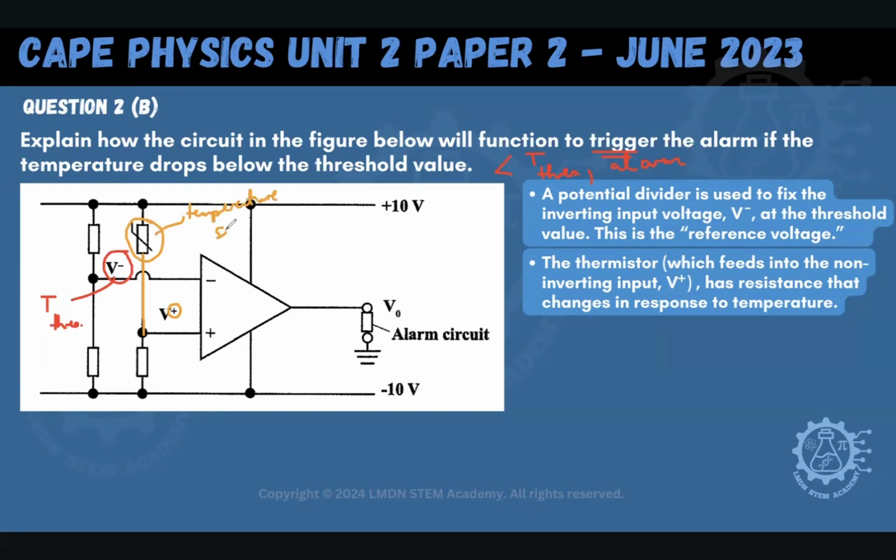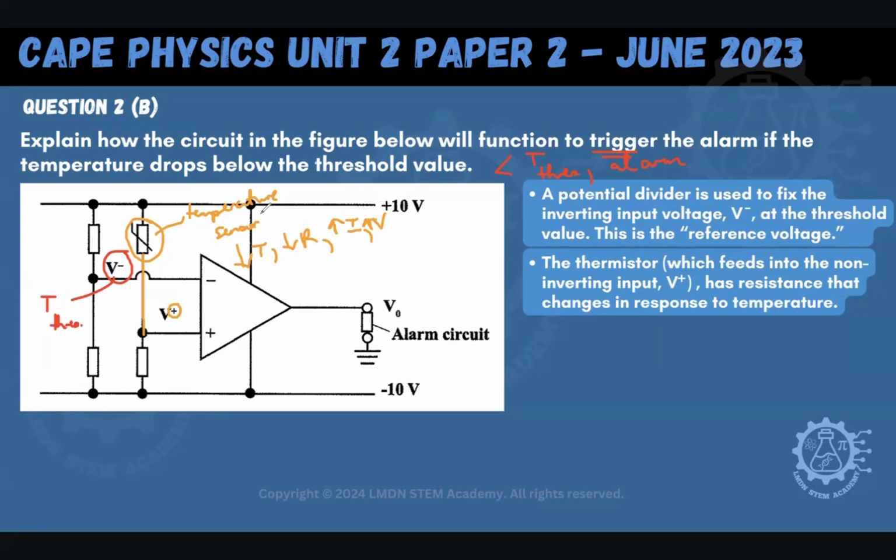Basically, if the temperature decreases, then the resistance of this thermistor also decreases. And when the resistance decreases, your current goes up and your voltage also goes up.